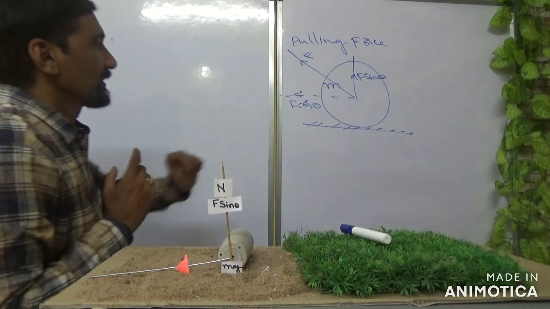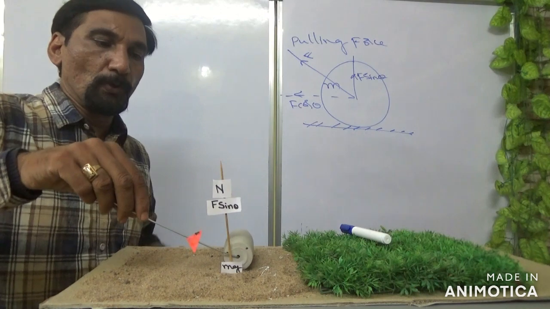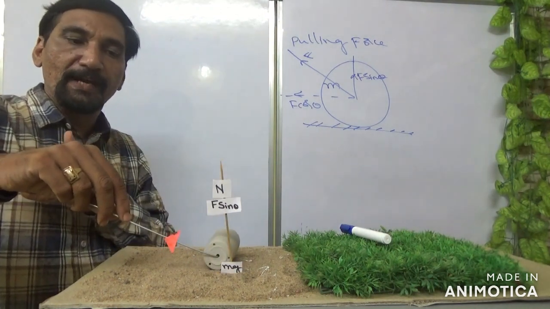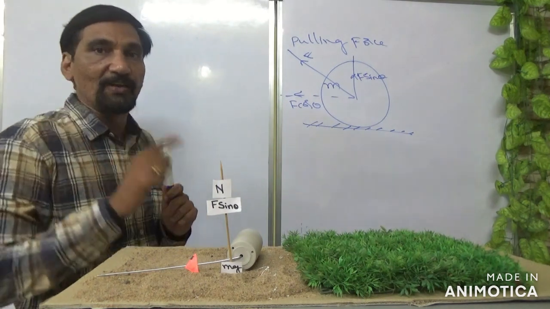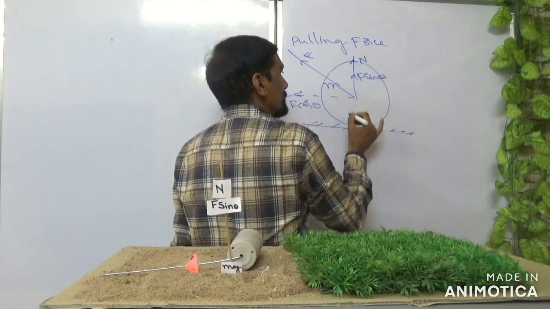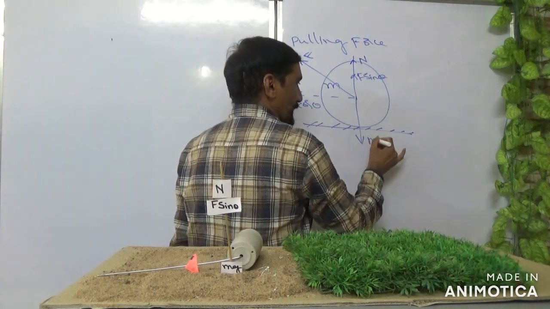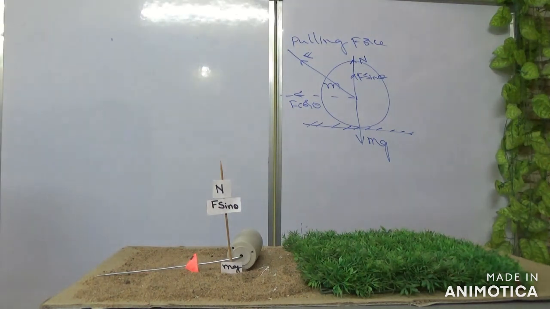If you notice, F sin theta is added upwards when you pull the lawn roller at an angle theta with the horizontal. That means it's very clear that F sin theta is added towards the normal reaction. This is a point you need to remember to derive this derivation.